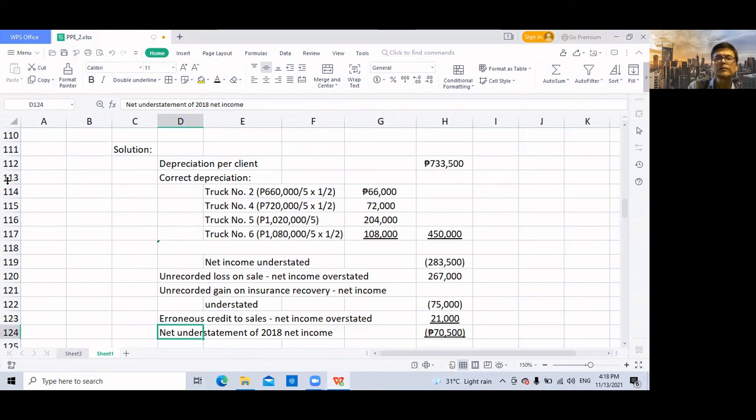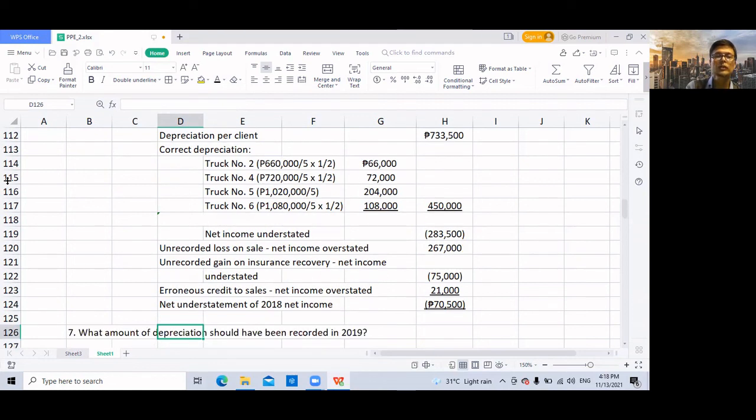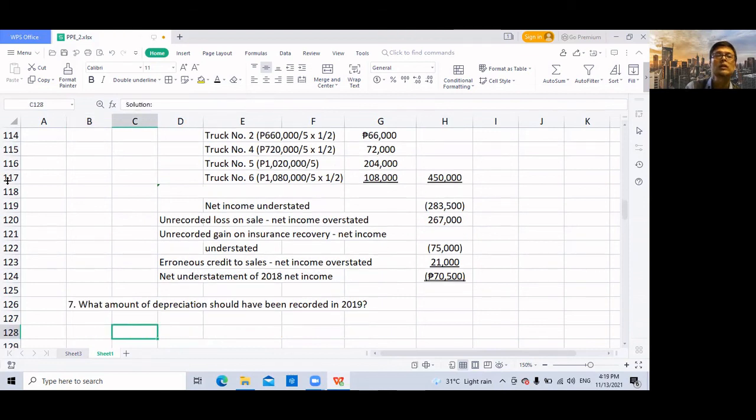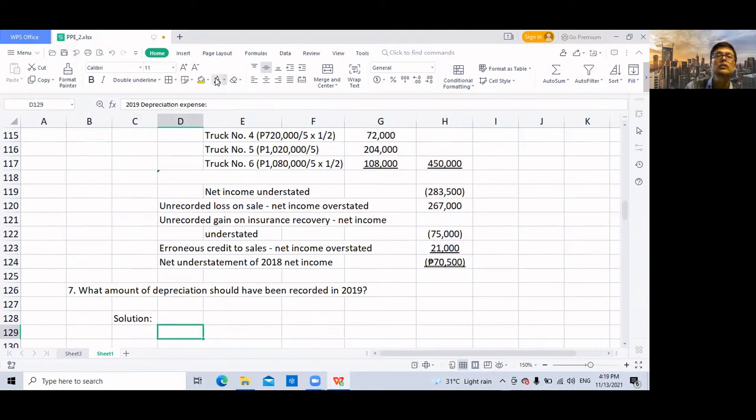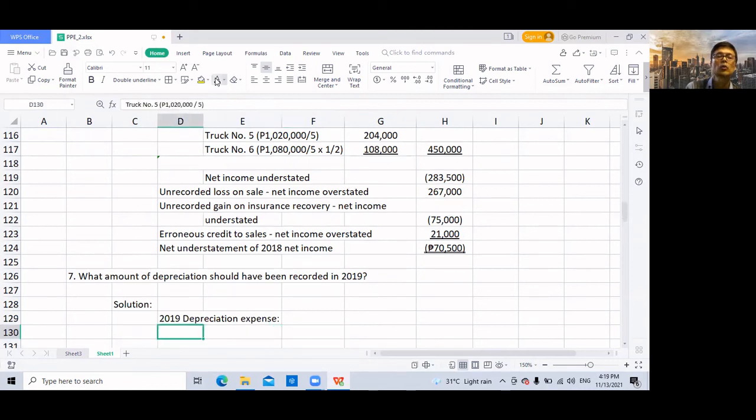And then finally, we now proceed dito sa number 7, which is what amount of depreciation should be recorded in 2019. Okay, so madali lang ito, no? 2019 na lang kasi. So the 2019 depreciation expense includes yung truck, which is still for 5 years, divided by 5 years.